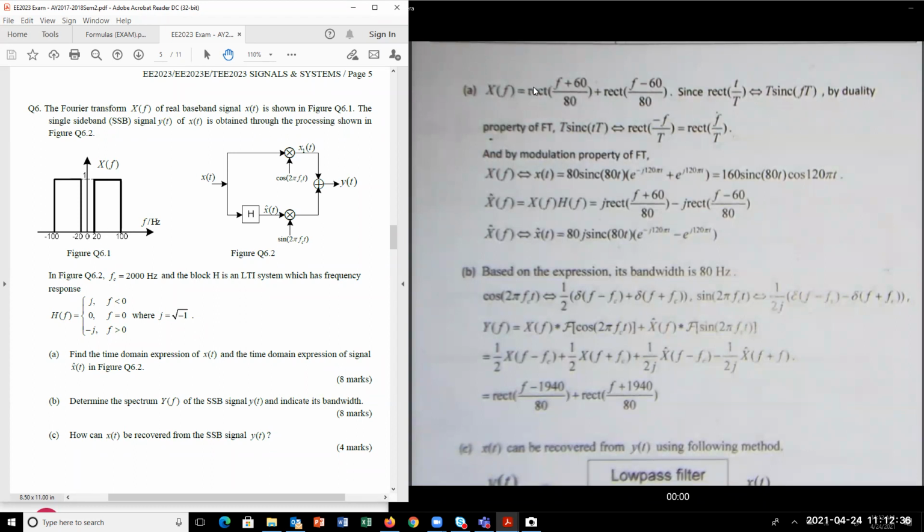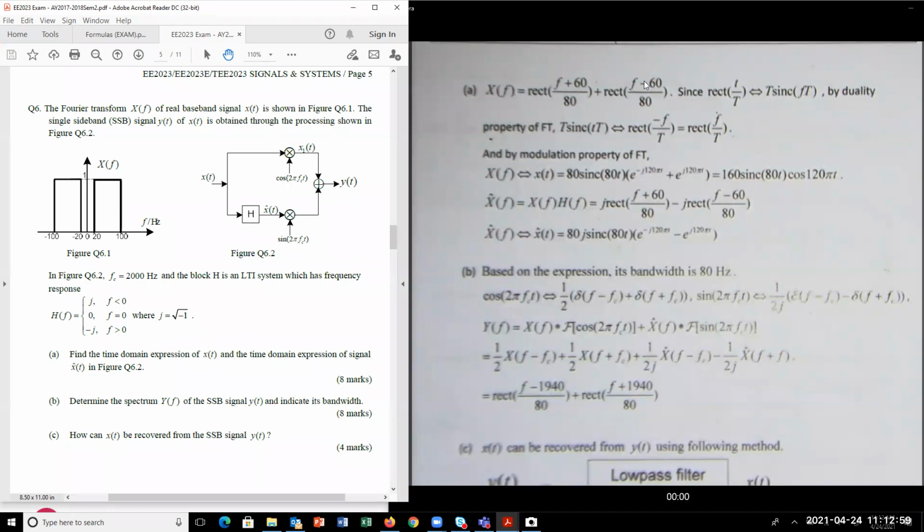So rect F plus 60 over 80 is this guy here. Rect F minus 60 over 80 is this guy here. So that's part A. Then you want to find a time domain expression of xt.